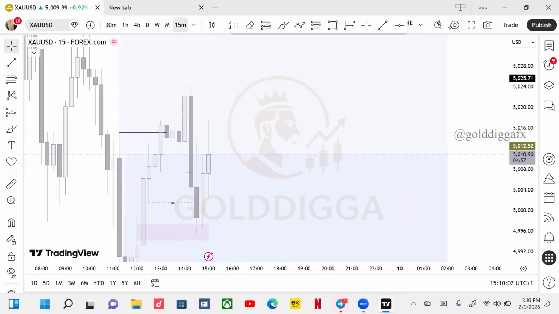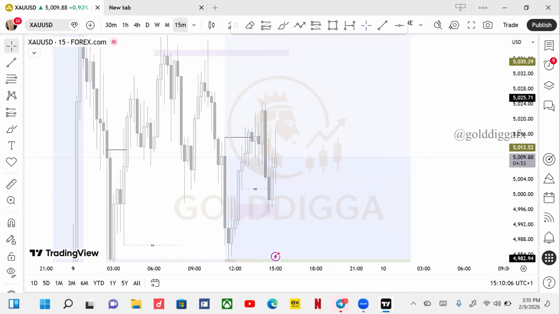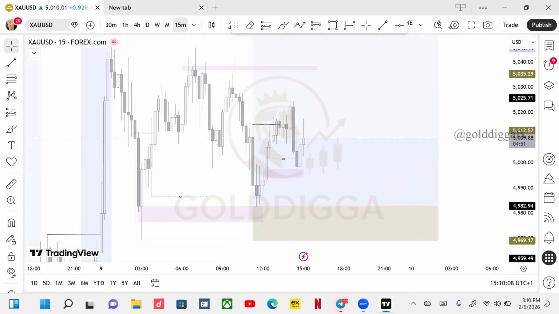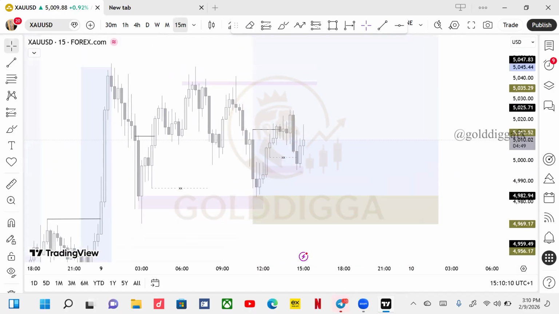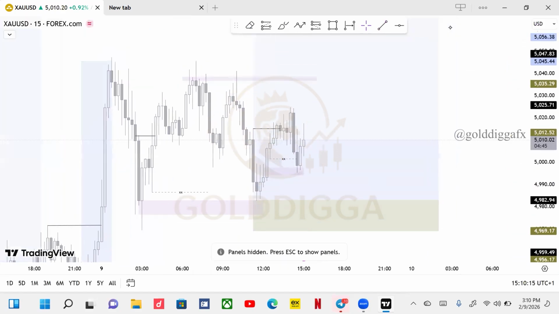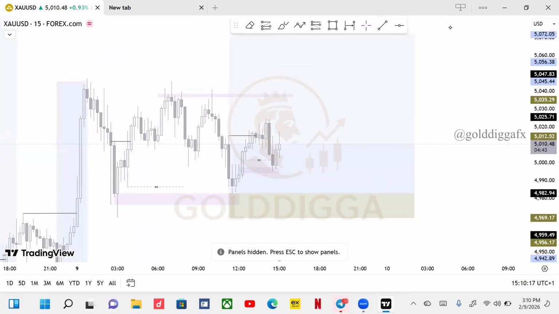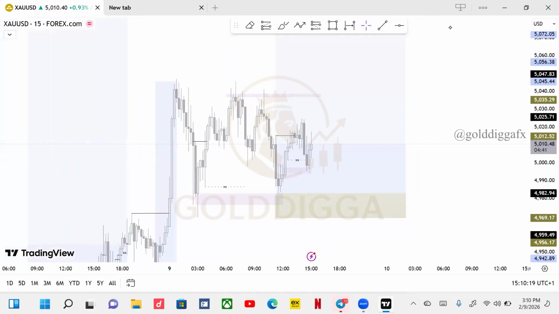Don't sell because you're going to get stopped out. But if you insist you can hold on to it, who knows? You might be right while I'm wrong. I don't own the market. I'm just saying, from my point of view, gold is very bullish and this is not a good setup to take. So let's see where the buy leads us to.